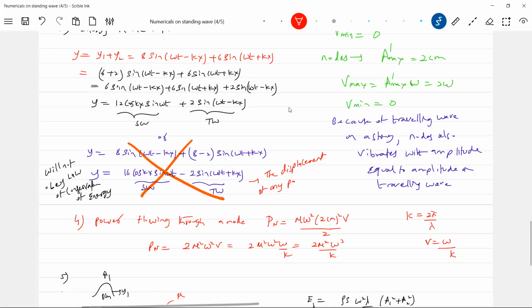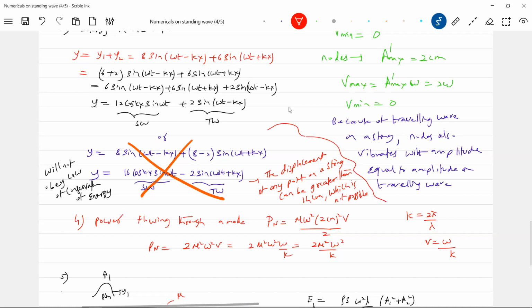The displacement of any point on a string can be, which is not possible.